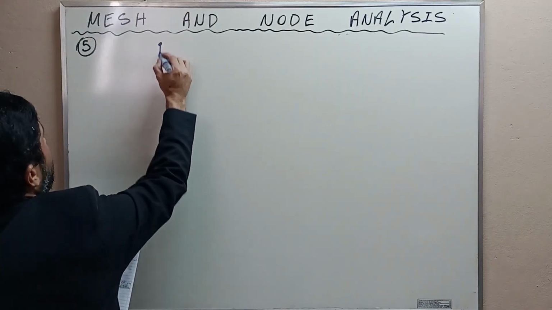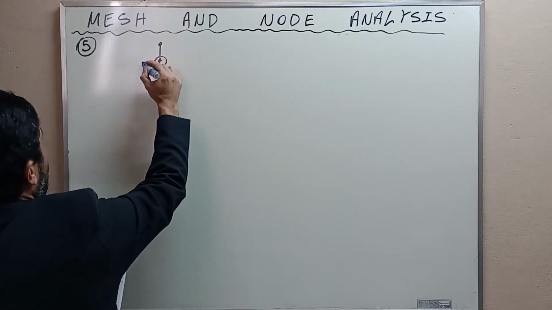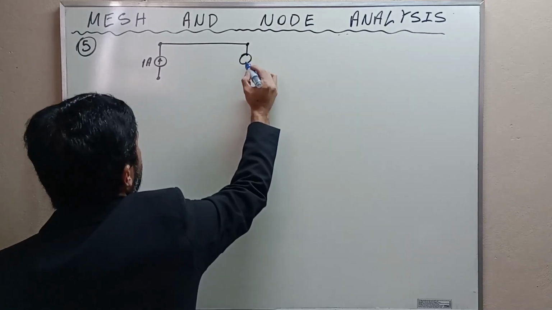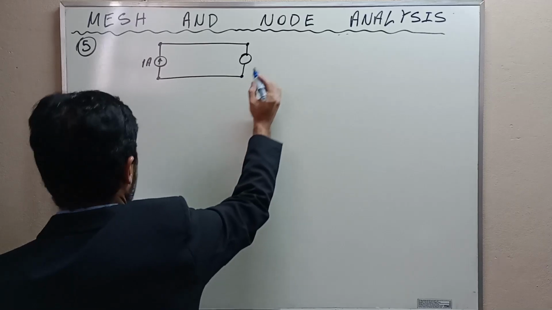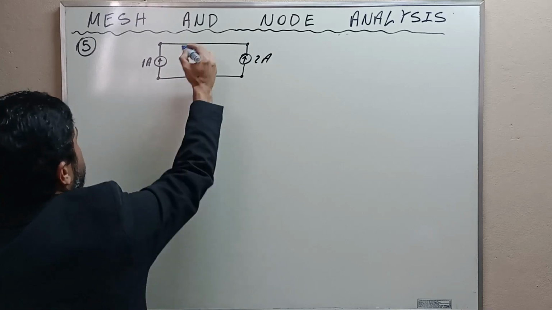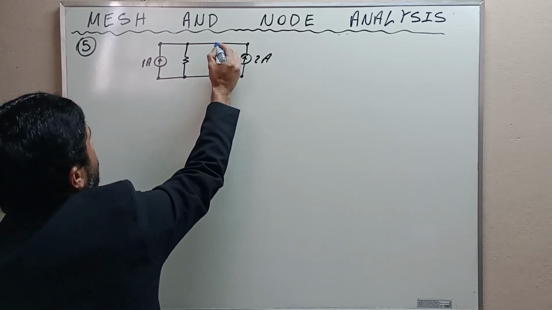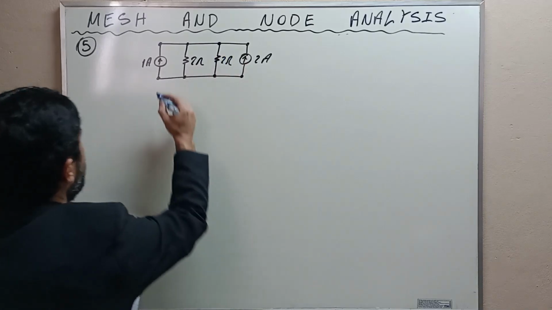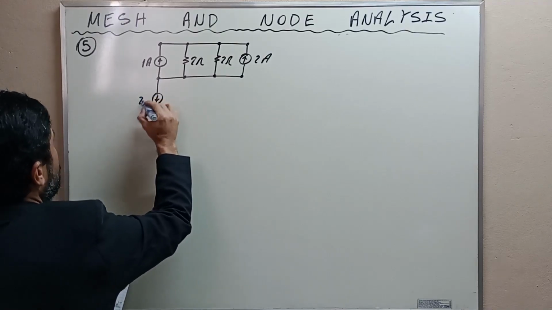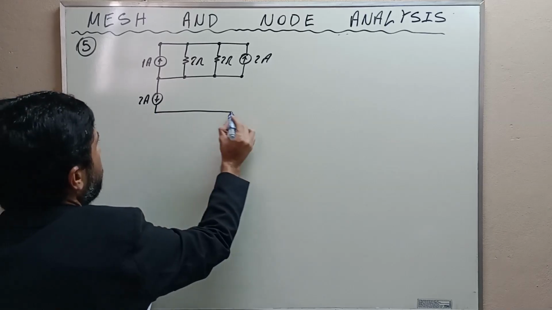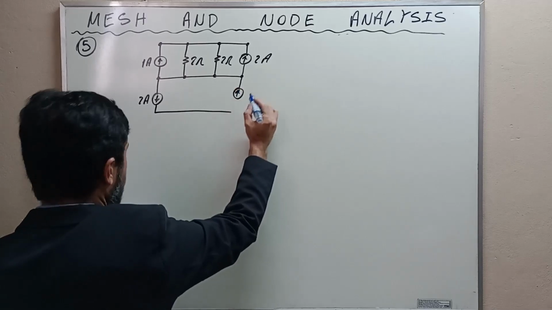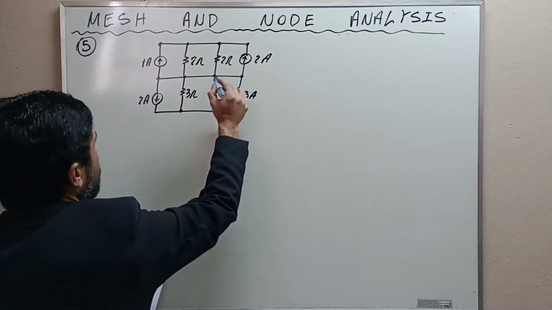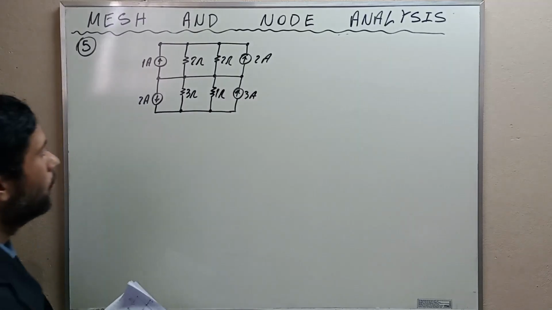There will be here 1 amp, and here 2 amps, two ohms, here 2 amps, three amps, 3 ohms, 1 ohm.